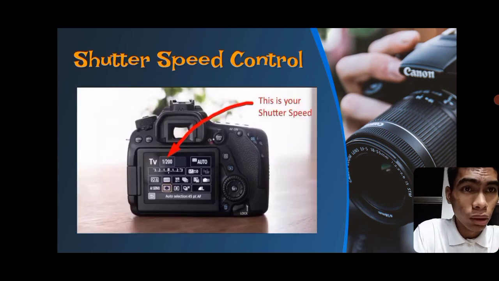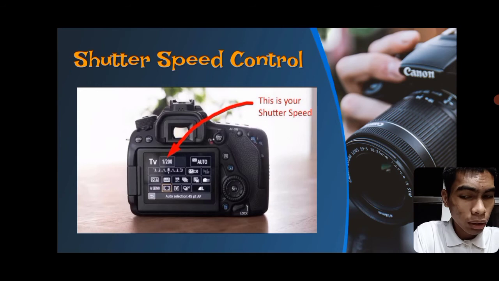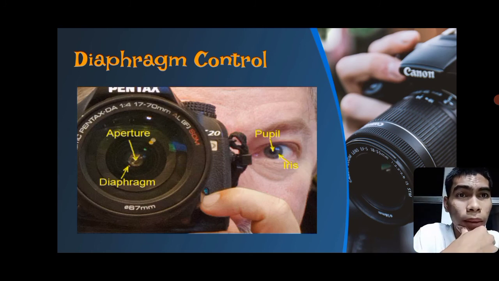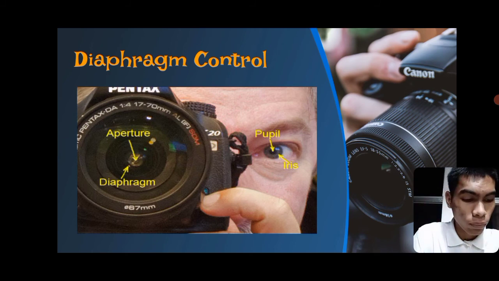Shutter speed control. The rays of light which will reach and affect the film or photo can be controlled by the shutter speed control of the camera. The next is diaphragm control.